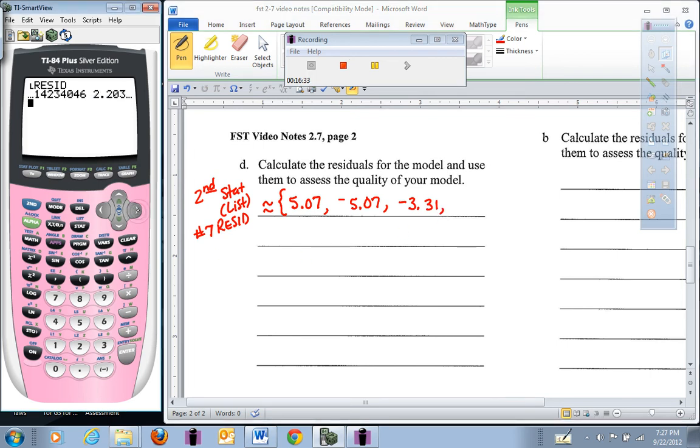The fourth one has an error of about 2.20. The fifth one, the error is about 1.75. The sixth one is negative 0.12. 1, 2, 3, 4, 5, 6. The seventh one is 2.04.